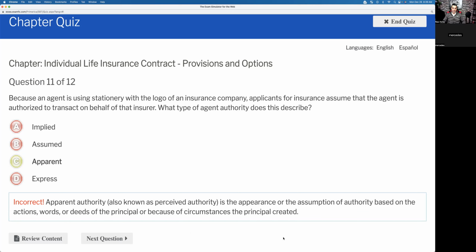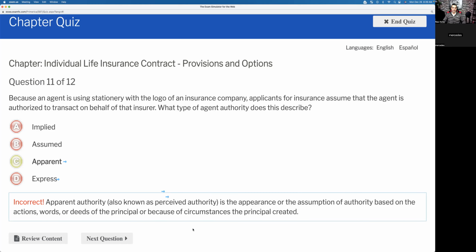So again, express authority right here. Express authority is authority that is written, right? That is in writing. Apparent is the same thing as perceived authority.